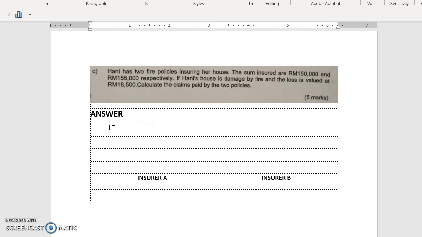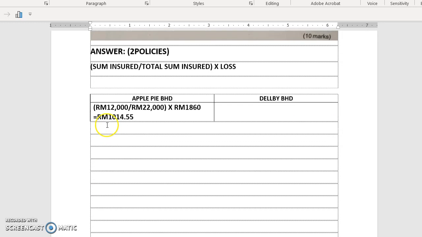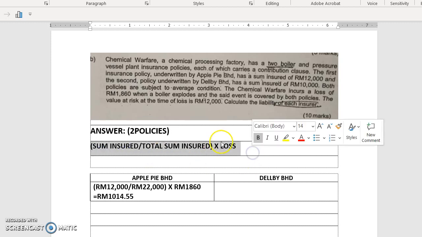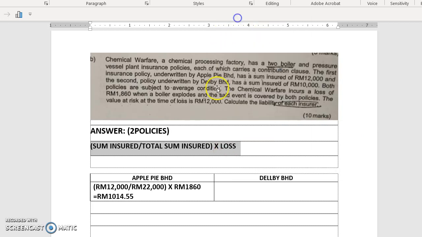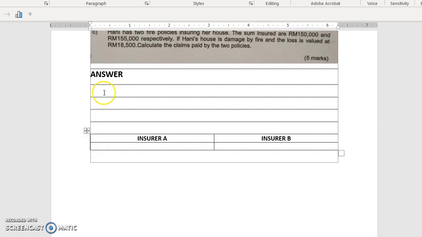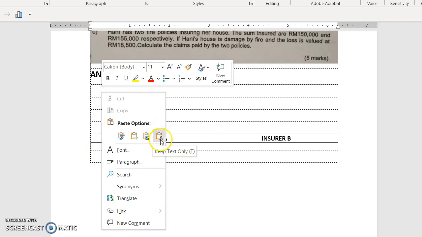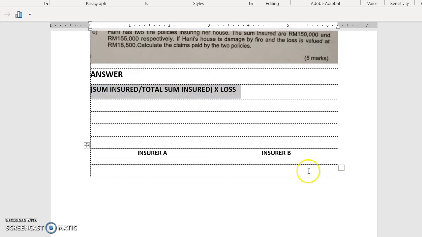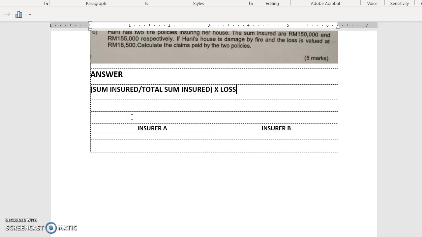So you have to use the same formula as question B, because it is a question related to two policies. The formula you can use is sum insured divided by total sum insured times the amount of loss, for the two insurance policies.